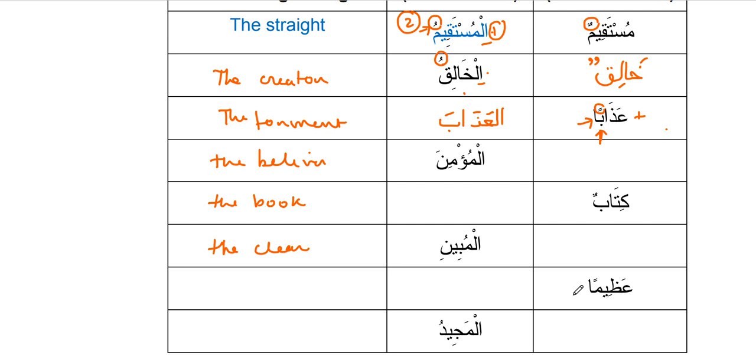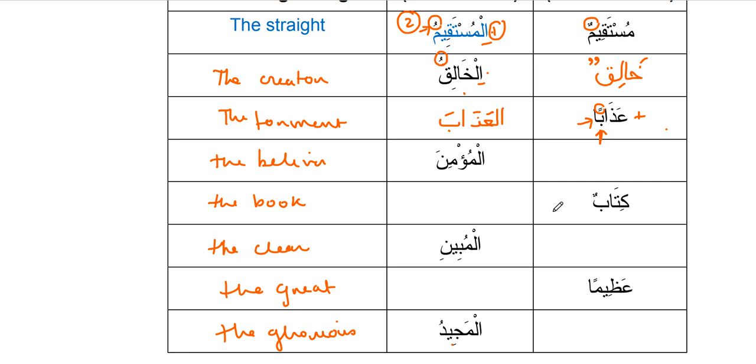Aziman, there are three steps: adding al, removing the tanween, giving it single fatha and removing the alif. Remember, it's the same as adab. Do this here and it's the great. Then al-majid, glorious. So you need to make it into nakira.